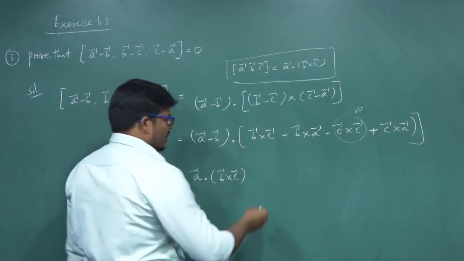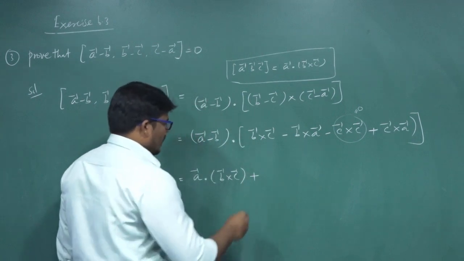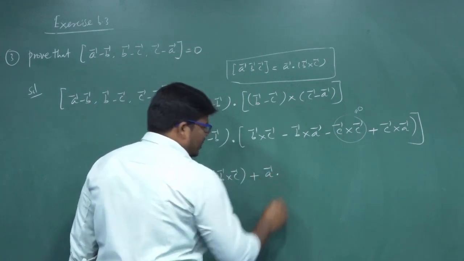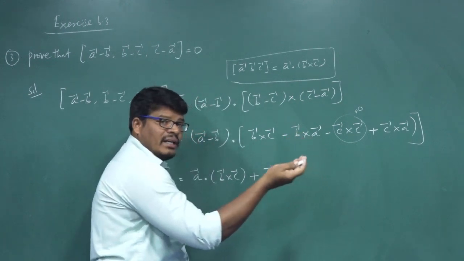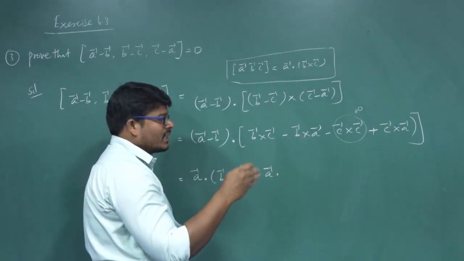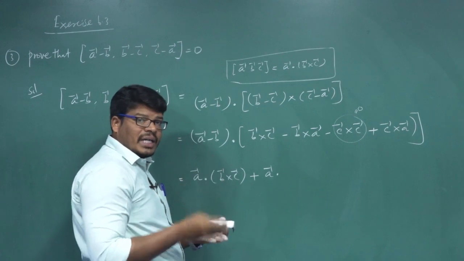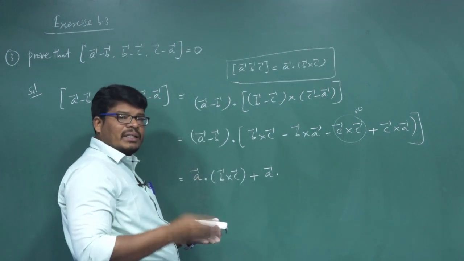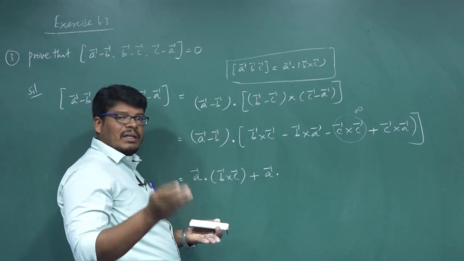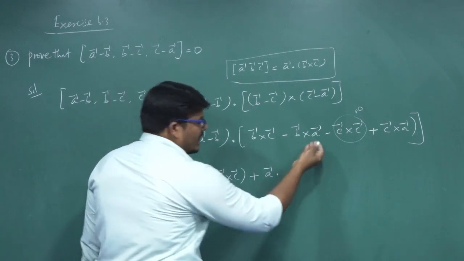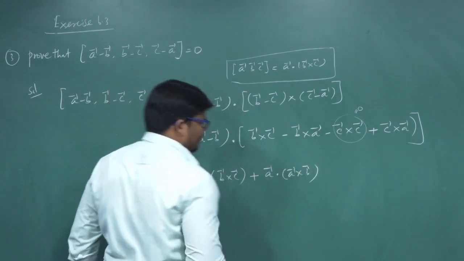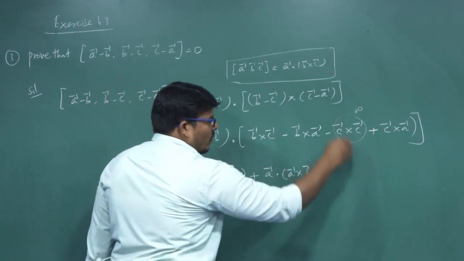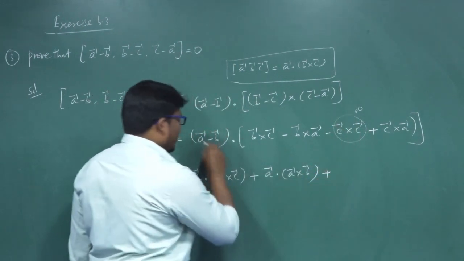The result is A cross B equals minus of B cross A. Vector product is not commutative, A cross B is not equal to B cross A, but A vector cross B vector is minus of B cross A. So we write A vector cross B vector.